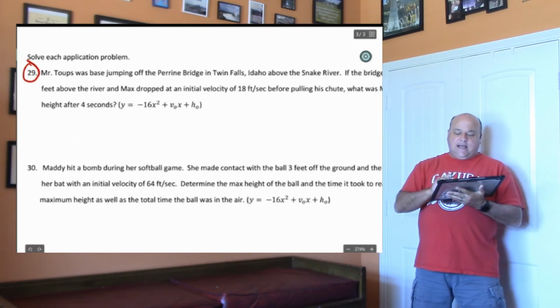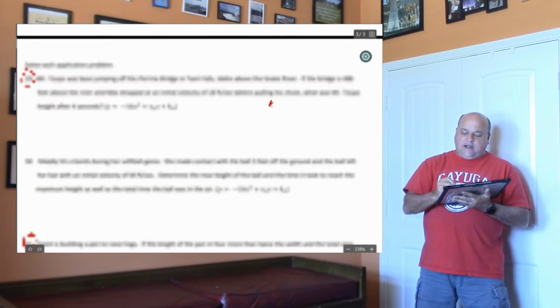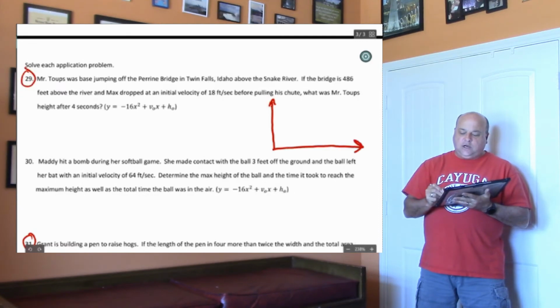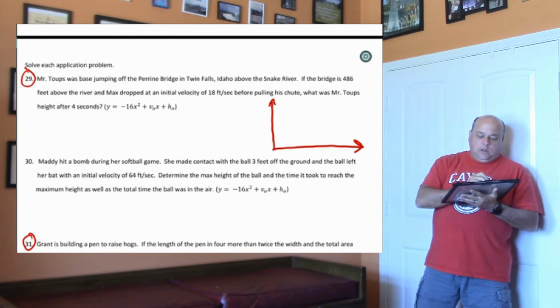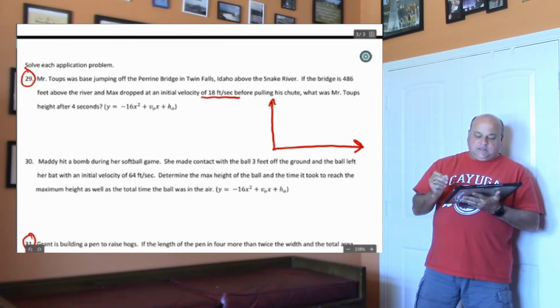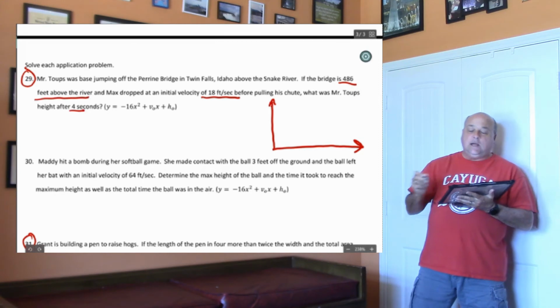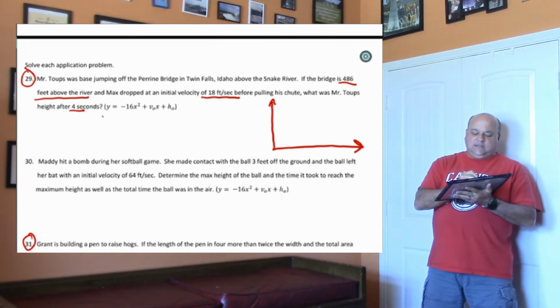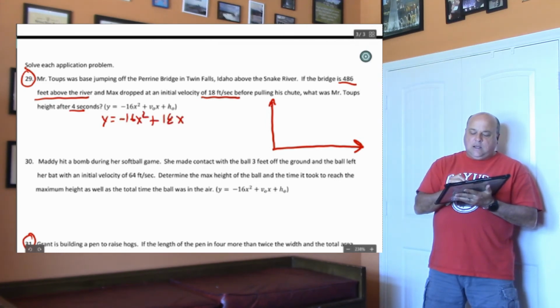Now then on 29, remember, these are the problems where you draw the graph, right? We did this yesterday, so we're going to draw the graph. There's going to be a parabola, okay? So this is my initial velocity, and we want 4 seconds, and we're at 486 feet above the river. So we're going to write this down: y equals negative 16x squared plus the initial velocity is 18x plus I'm at 486 feet.